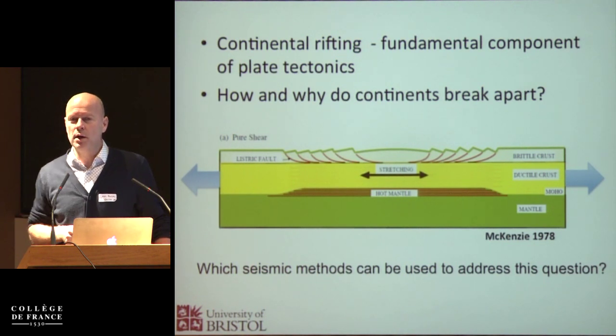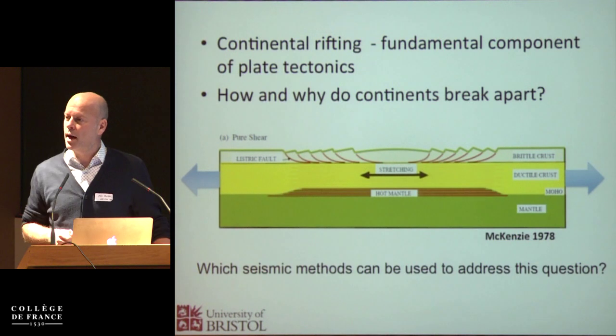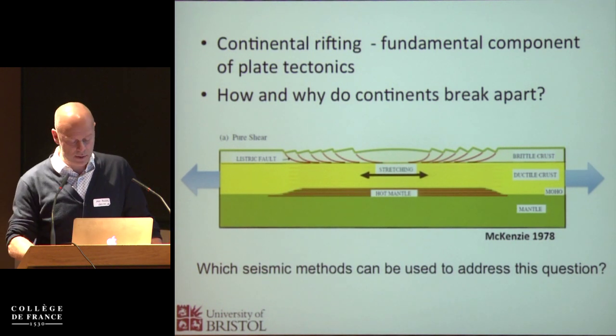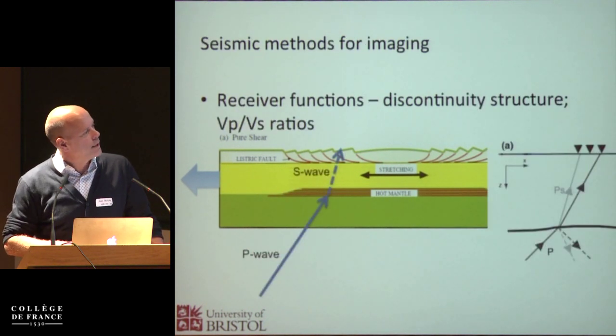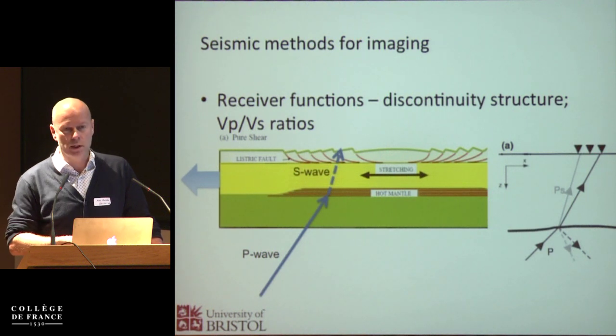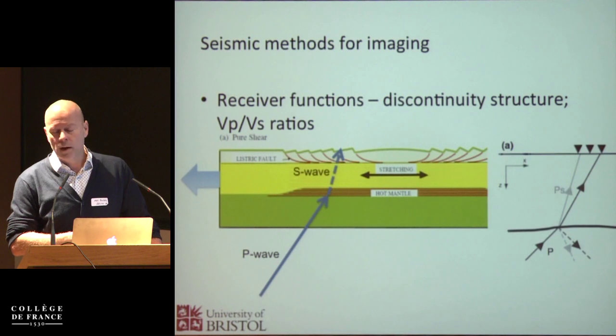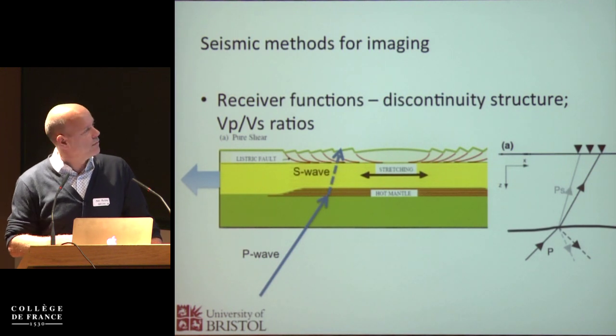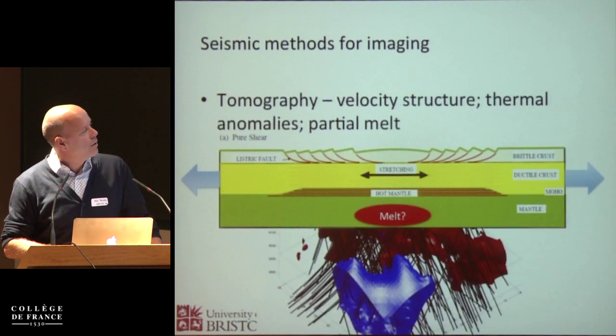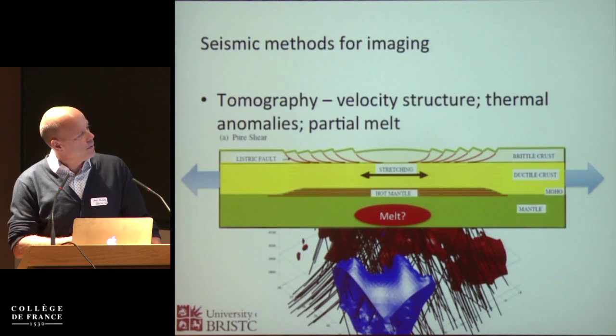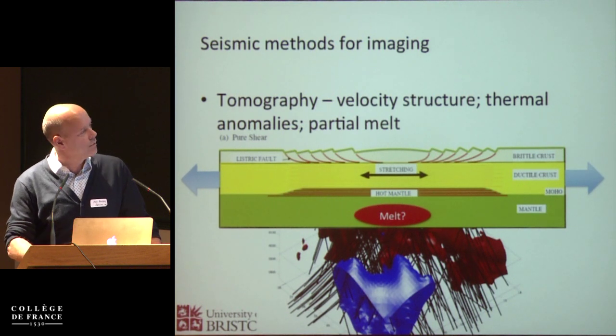And so as a seismologist, my question is, how can we better image this and better understand this? So we heard a lot yesterday about receiver functions. We can look at discontinuity structure, for example. We can look at the thickness of the crust and the Vp/Vs ratios in the crust. We can use tomographic methods to image where we may have melt and where we have structure in the mantle associated with rifting.